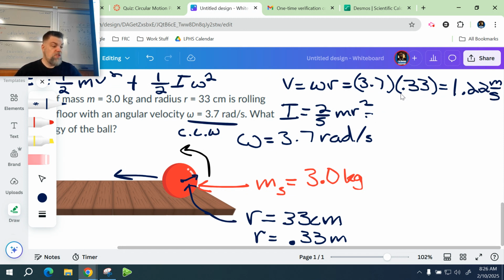Now, the moment of inertia for the solid ball is 2/5 times the mass of the ball, which is 3, times the radius, which is 0.33, and then we square that.